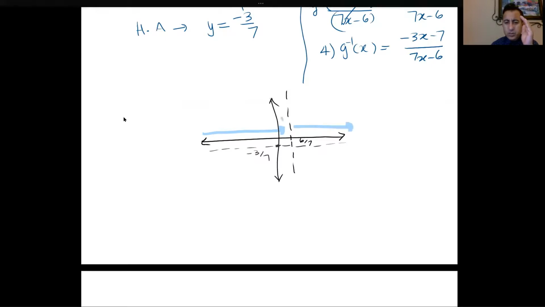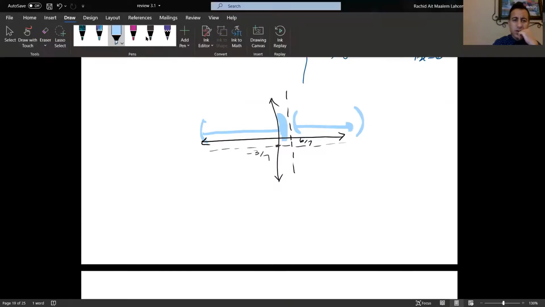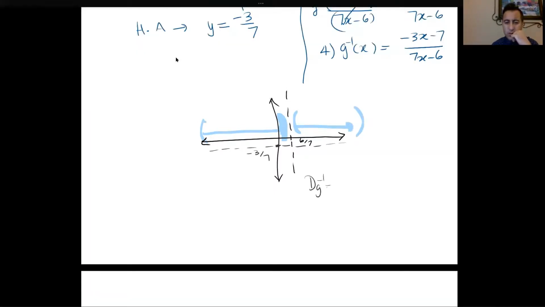So that's where we're going to put those parentheses and say negative infinity to 6/7 for the domain. So let's write it down. The domain of the inverse is going to be negative infinity to 6/7, skipping or not including 6/7, to infinity.